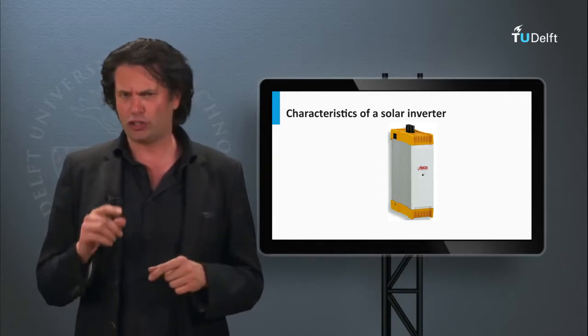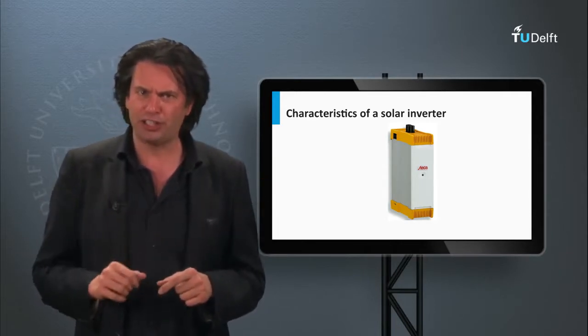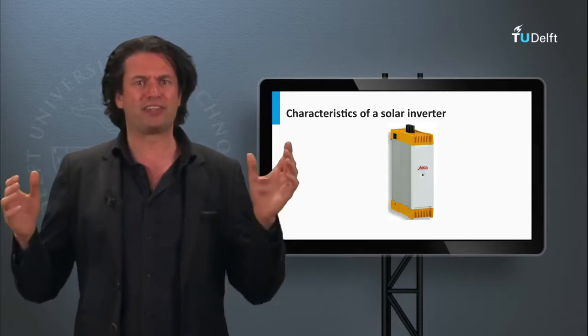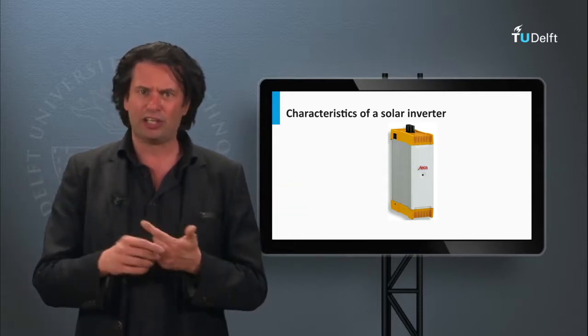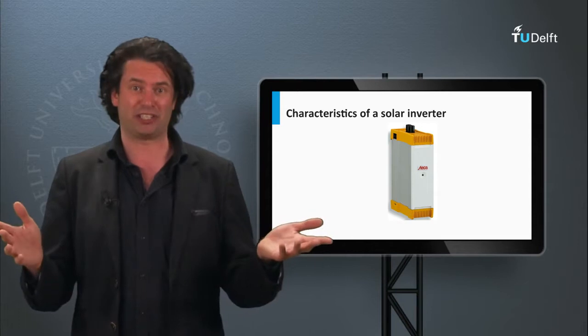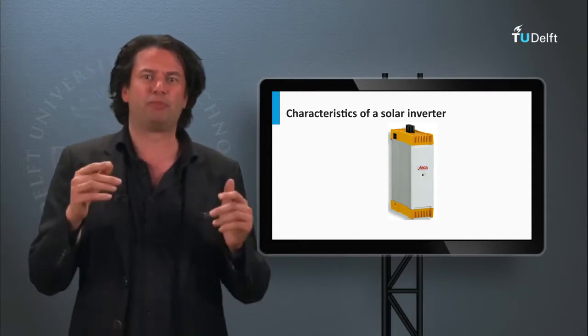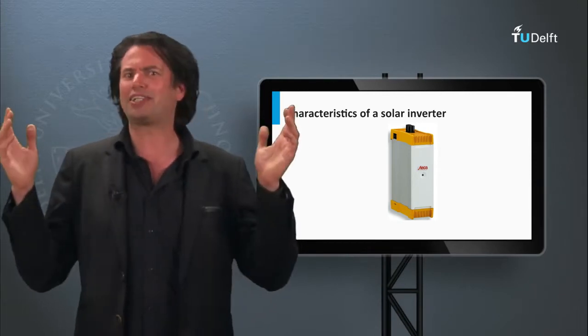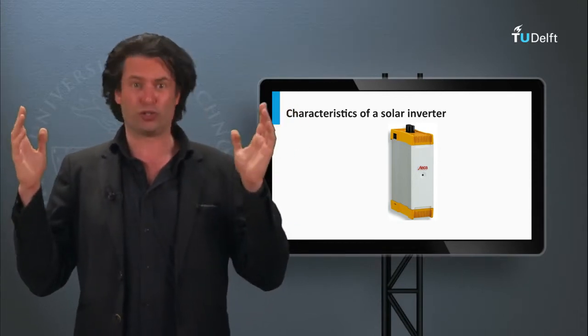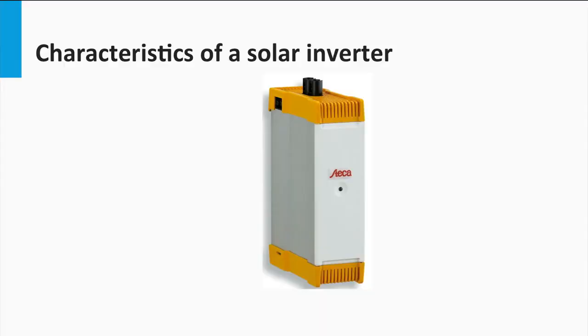Of course, the choice of your topology for implementation would depend entirely on the system needs, size, and your system's budget. But in general, while choosing an inverter for your PV system, what are the requirements from a good solar inverter? There are several characteristics expected from a good solar inverter.